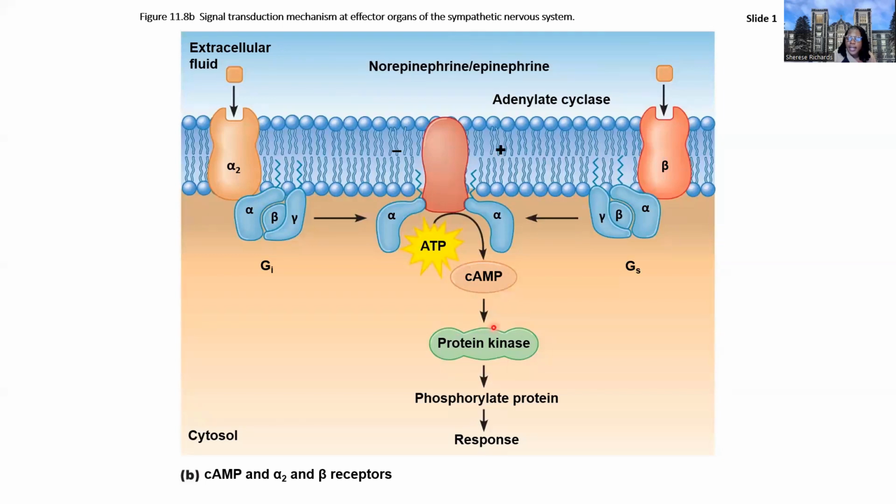Then we activate an enzyme in the cell, protein kinase being an example here, which will phosphorylate some protein in the cell and bring about that response. So while both the alpha-2 receptors and the beta receptors, all three, beta 1, 2, and 3, are using the same second messenger, their action on that second messenger is different. Alpha-2 is going to inhibit, and beta receptors are going to activate or excite.